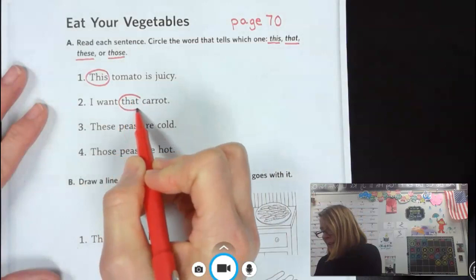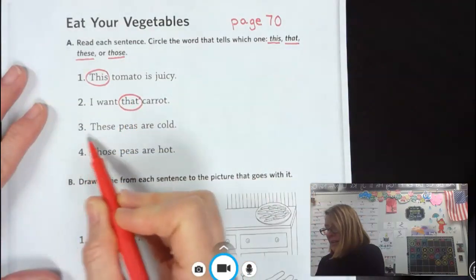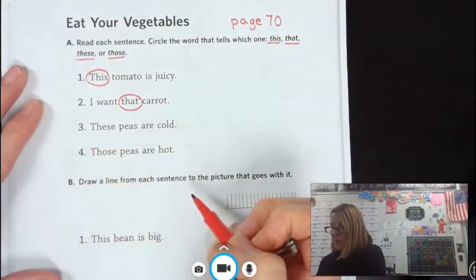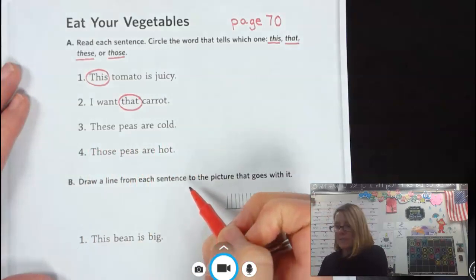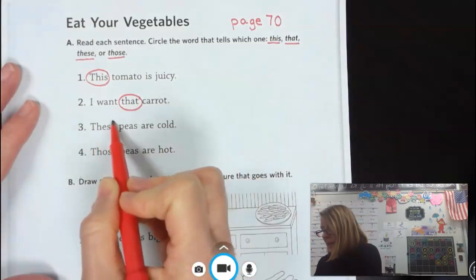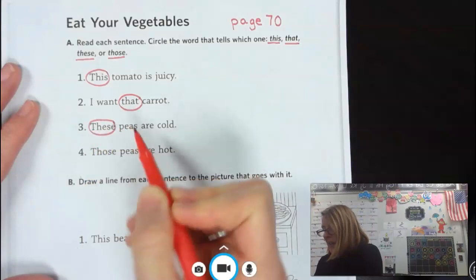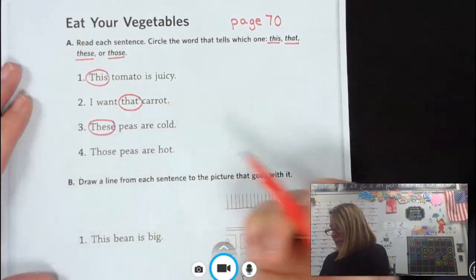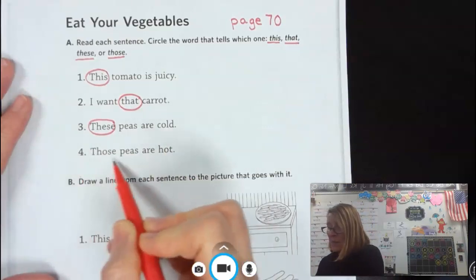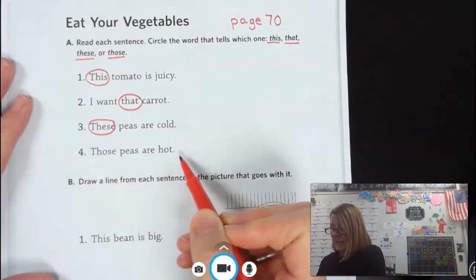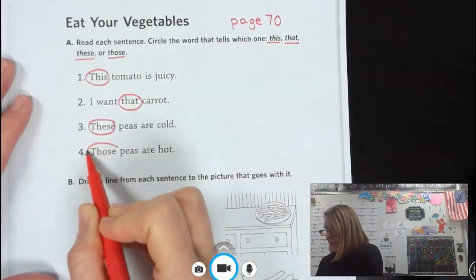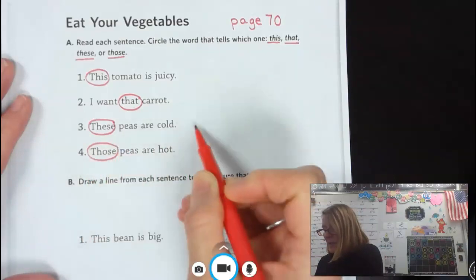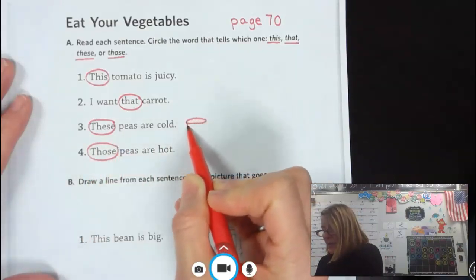I want that carrot. Number 3, these peas are cold. Oh, boo. Cold peas. I like that rhyme. These peas. Pass these peas, please. All right, and number 4, those peas are hot. So these peas would be the peas really close to you.